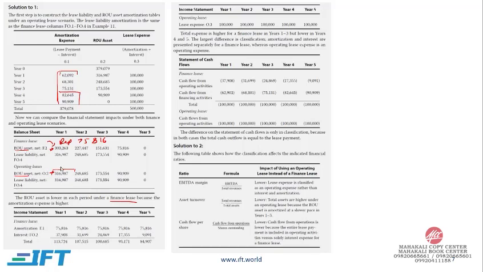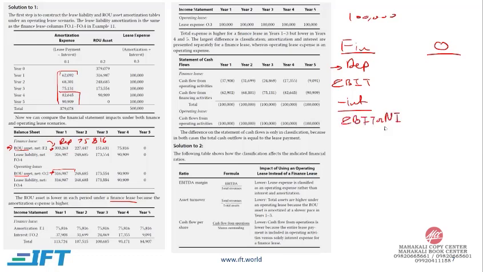And now what we have to discuss is what will be happening in the income statement. Now, in finance lease, this is a very important point. We have finance lease and operating lease. So we are paying a total of 100,000. In finance lease, we'll first deduct depreciation from your right of use, and we'll be having EBIT, earnings before interest and tax, and then we subtract interest, and then we'll be getting net income after deducting your tax.